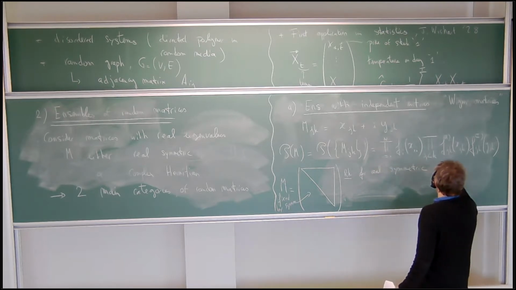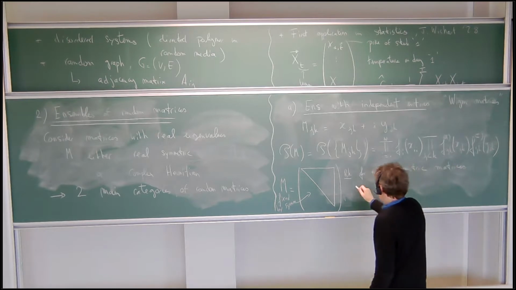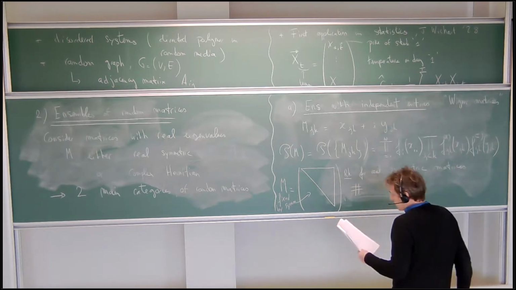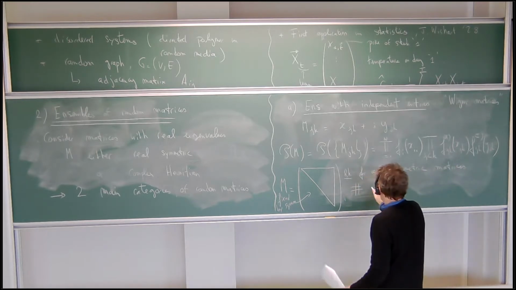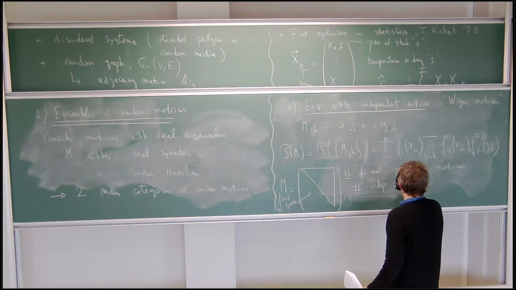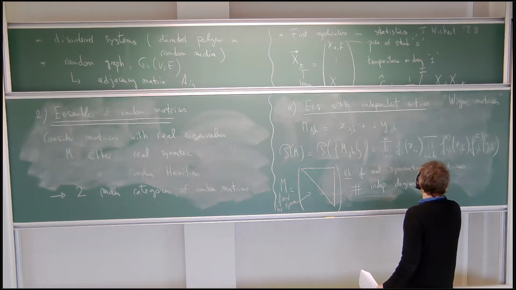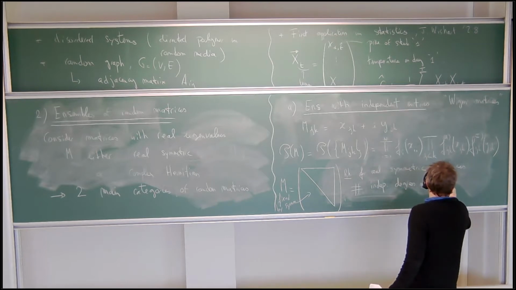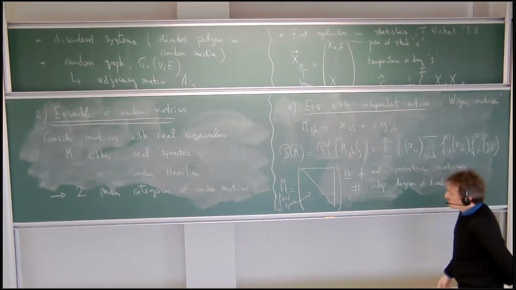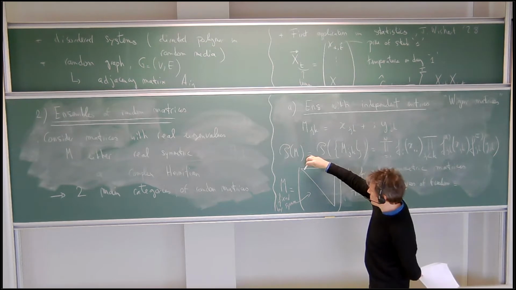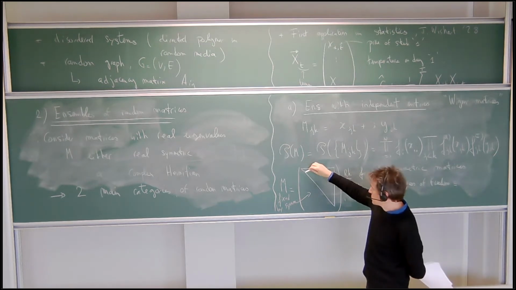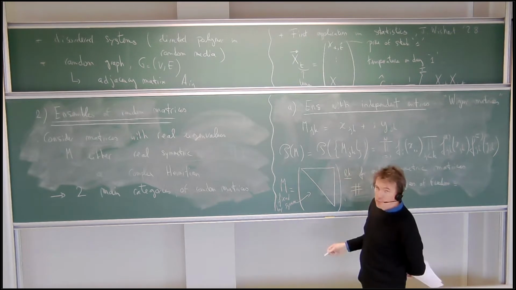The number of independent degrees of freedom is relatively easy to count, because the only independent degrees of freedom are the entries on the upper triangular part.